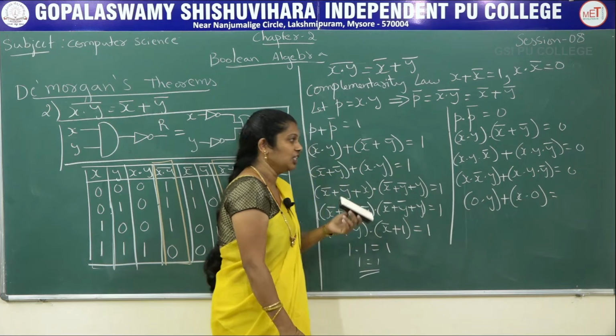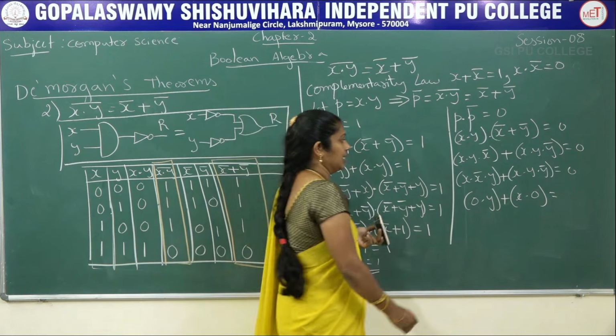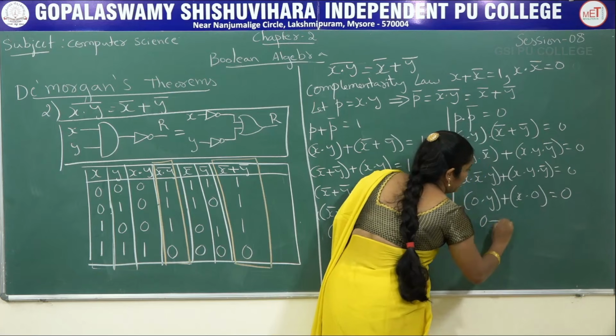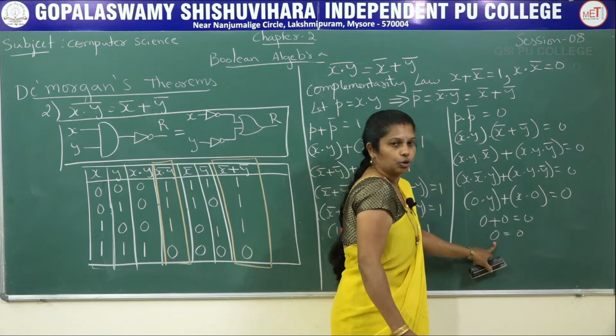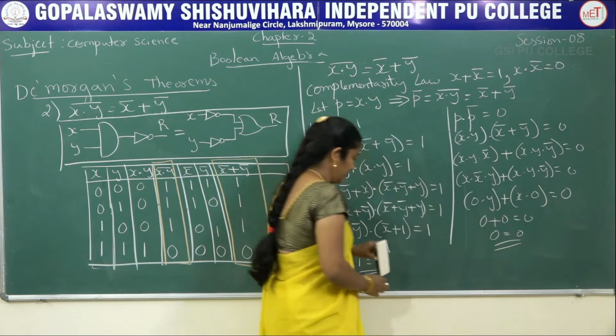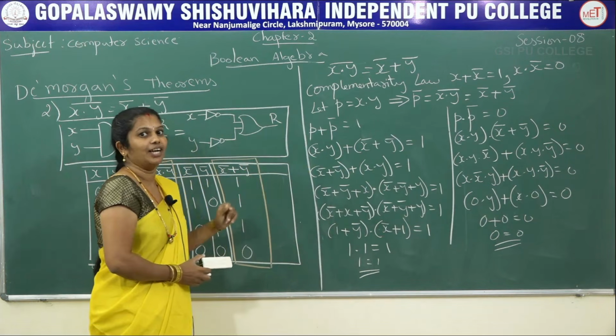In law of multiplication, 0 into x is nothing but 0 only. That's why 0 plus 0 equals 0. Both the values 0 plus 0 is nothing but 0. From this I can say that right hand side value equals to left hand side value.